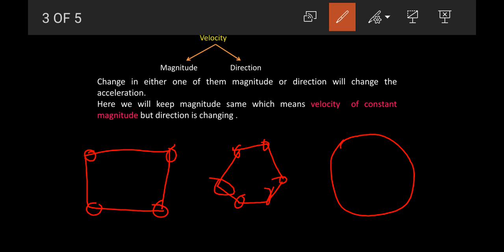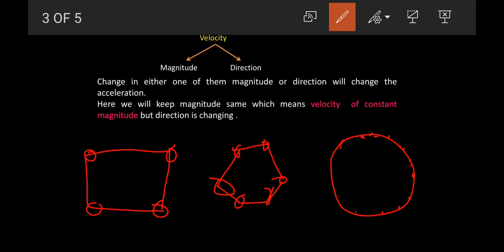So in a circle, at each and every point the body is changing its direction. Though the speed is constant, at every point the direction is changing. That means there is acceleration.